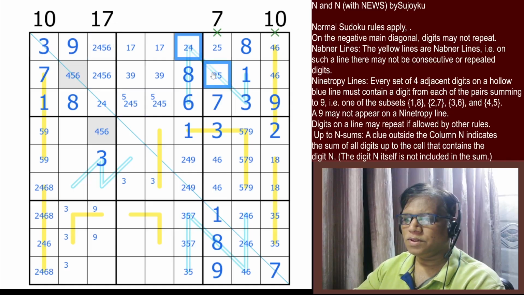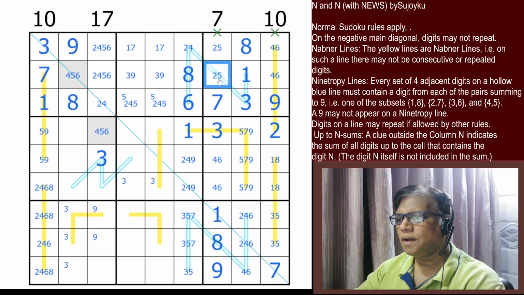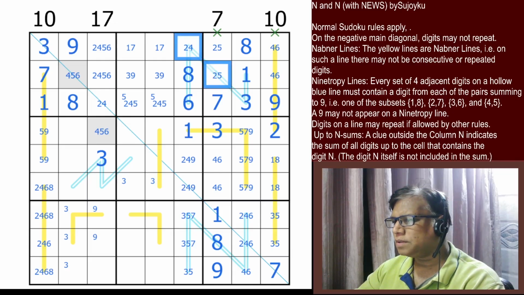One of these has to be 2, right? You cannot put 4 and 5 here. They both belong to the same group, isn't it? And they cannot be side by side. So one of these has to be 2 and the other is 4 or 5.